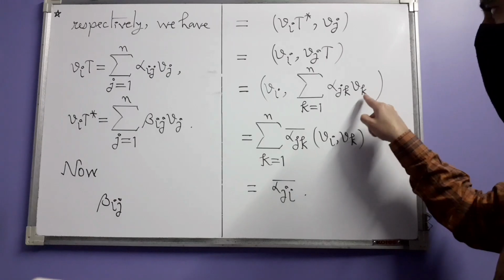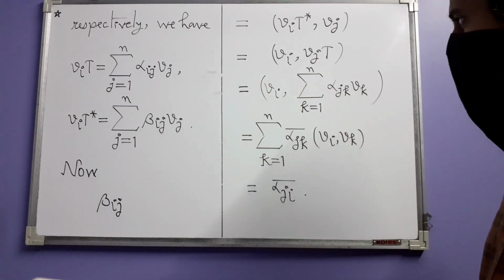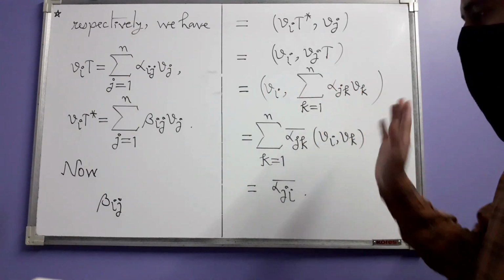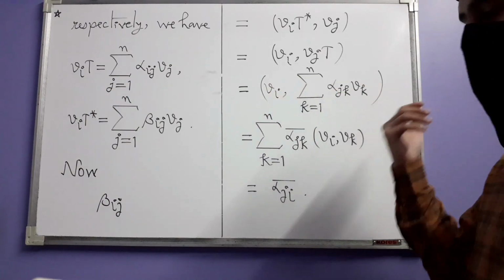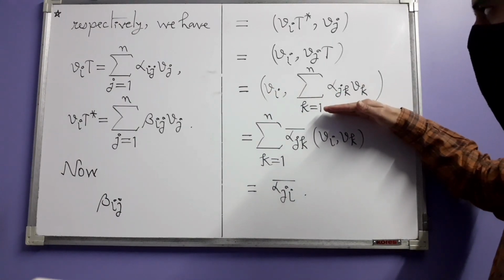So I have written k in place of j and j in place of i, where k varies from 1 to n. And then we use conjugate linearity to push this v_i inside this sum. There is one more line that you can write here.